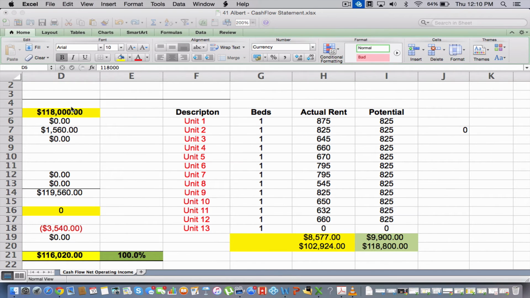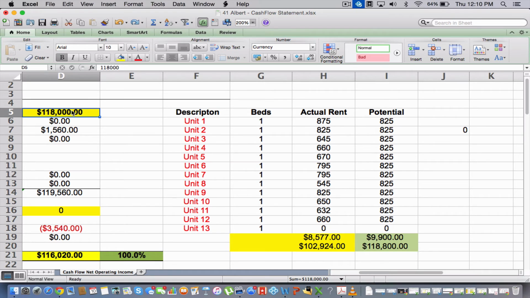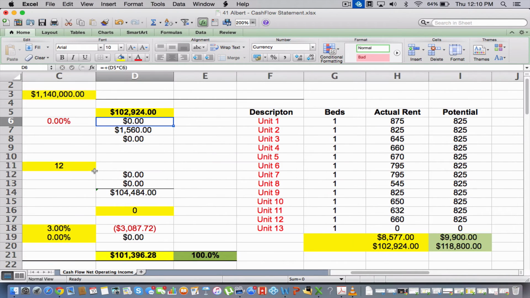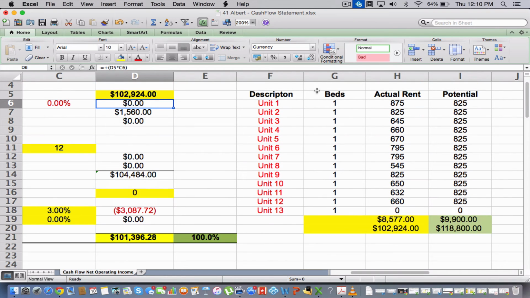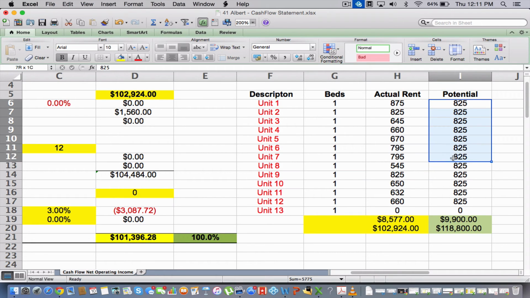Anyhow, so let's change that back to 102,924. This column is important. If you're doing any kind of research on the property and you discovered that rents in some of the units are low, which is very typical in apartment buildings and multifamily properties, it gives you an opportunity here to input what the actual market or potential rent would be for the unit.